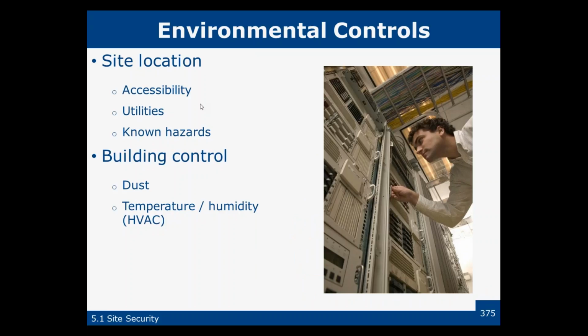If you have someplace out in the country, that's all well and good. It makes it less accessible, but by making it less accessible, you're going to be far away from everything else, which carries some risk.